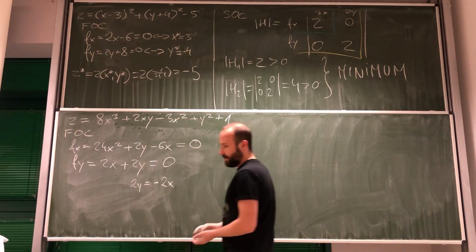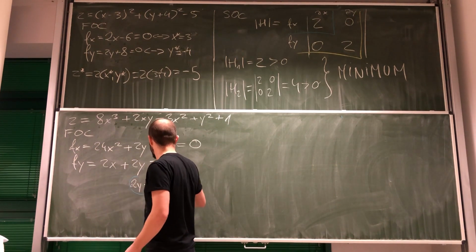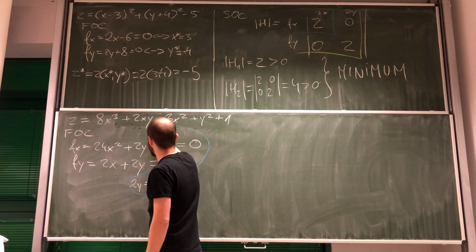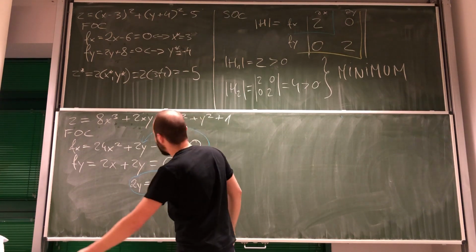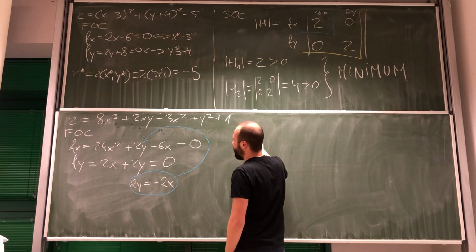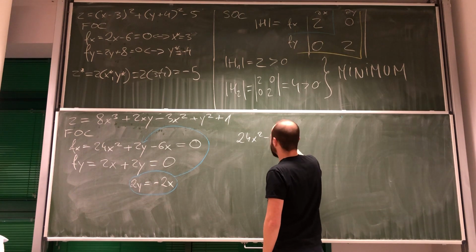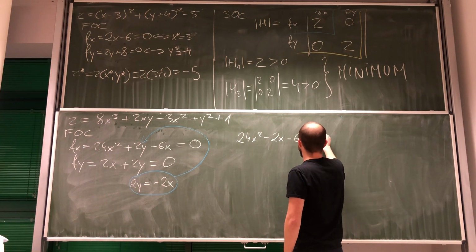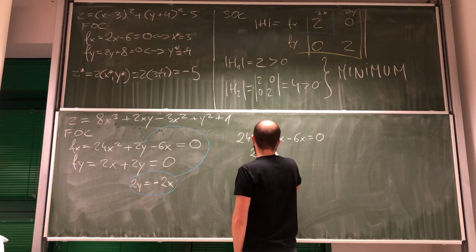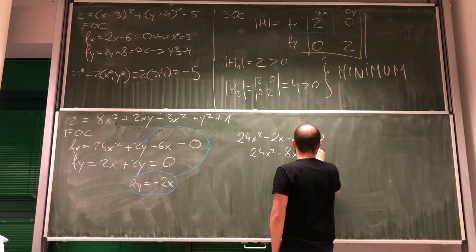And now I can easily take this result and substitute it over here. When I do it, our result changes into 24x squared minus 2x minus 6x equal to 0. So we've got 24x squared minus 8x equals 0.